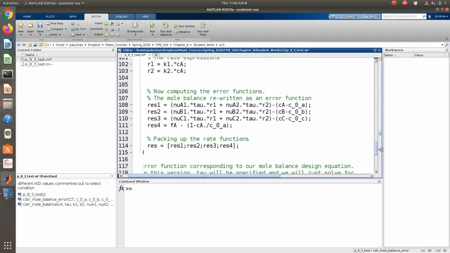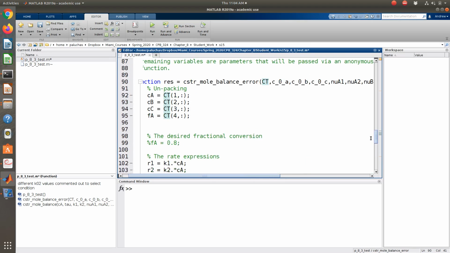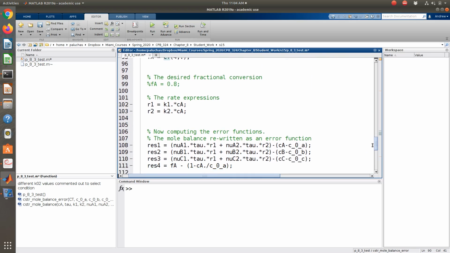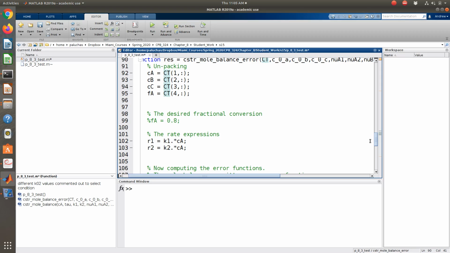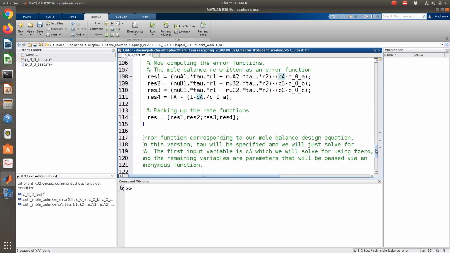Okay, so in your error function then here, okay, that's fine, but even if we were to try, if you want to try and solve for 400 unknowns, we could do that. But is that going to work? Yeah, I suppose so. Okay.